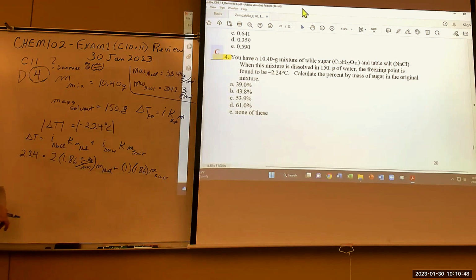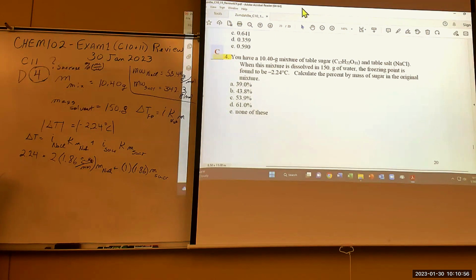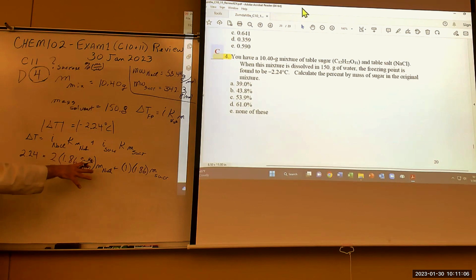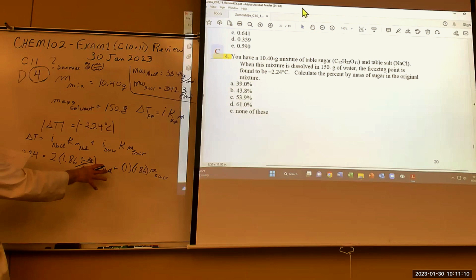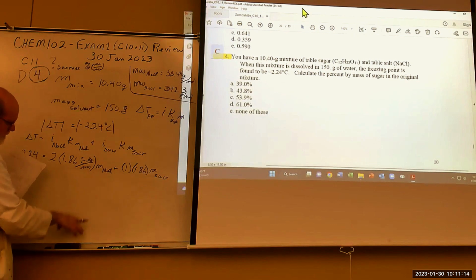Okay. At this point, we've got a problem because we don't know the molality of each one. So what we have to do is devise an expression for molality. Molality is what?